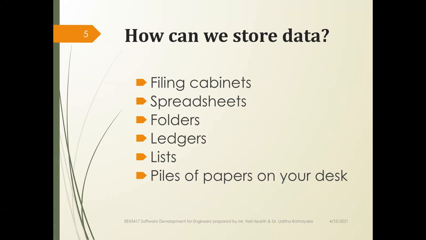Then folders, ledgers. Ledgers are how companies' financial data stored. Lists. There may be list of some numbers, names, name of friends, like this. Lists, piles of papers on your desk. Papers, stack of papers.